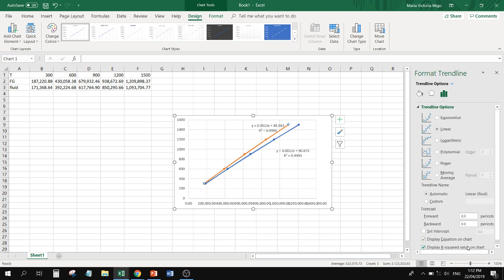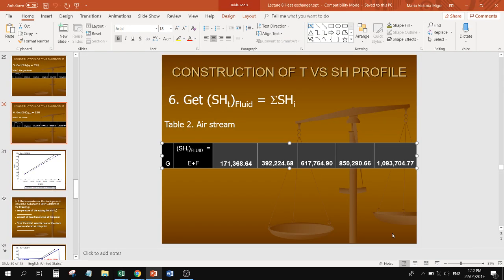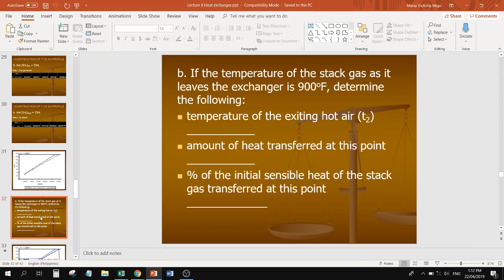Okay. So going back to the problem, the question would be, if the temperature of the stack gas as it leaves the heat exchanger is 900 degrees Fahrenheit, determine the temperature of the exiting hot air and the amount of heat transferred at this point. And the percent of the initial sensible heat of the stack gas transferred at this point.